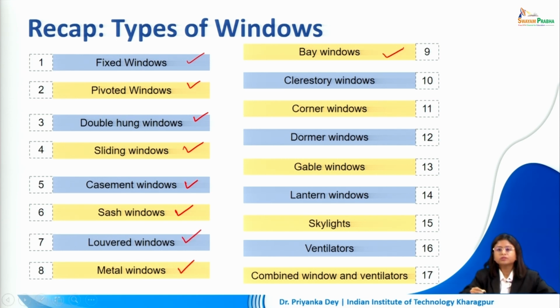Bay windows are also possible, clear story windows, corner windows, dormer windows, gable windows, lantern windows, and finally skylights, ventilators and a combination of window and ventilator. Those are the various types of windows that we have taken a look at today.